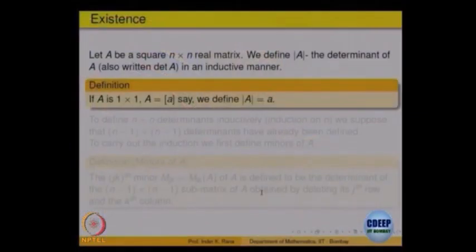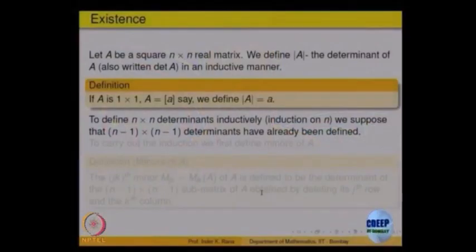By induction, we want to define the notion of determinant of an n cross n matrix. So, how do you define? Define it for n equal to 1. So, for n equal to 1, what is the definition? It is only one scalar, right. So, it is that scalar itself as the determinant, only one row, one column. So, all properties will be satisfied.